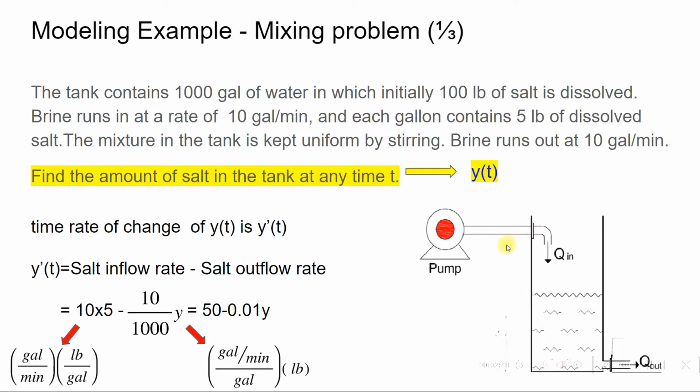So when that time comes, the concentration of the water will be the same as the brine, which is 5 pounds per gallon. And when you multiply this concentration by 1,000 gallons, it becomes 5,000 pounds of salt. So yes, physically, you can predict that the end value is 5,000 pounds.